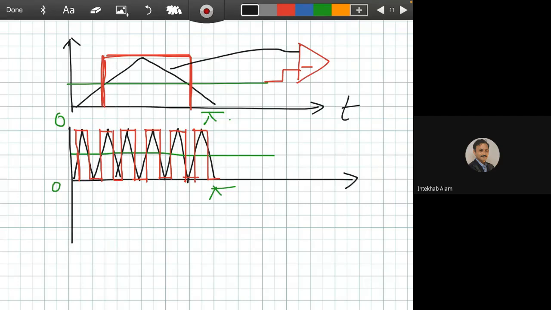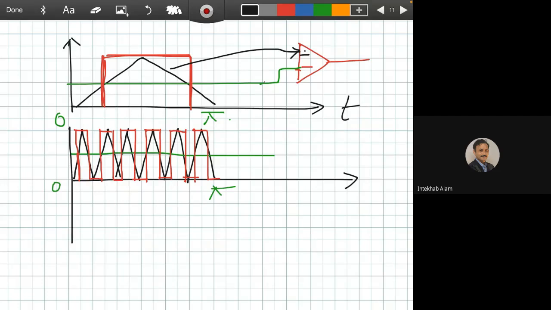The black one is connected in here. Okay. And the green one is connected in here, and we are getting output with the red one. Okay. When the black one is greater than the green one, then we get the output.